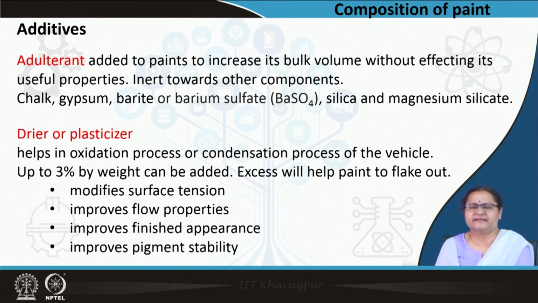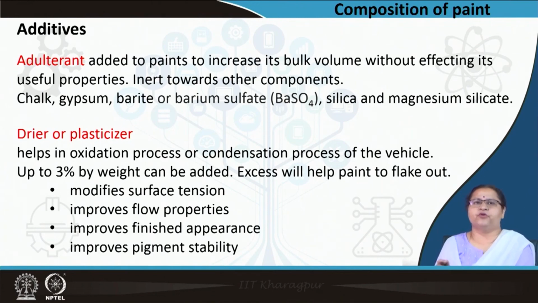What happened in more of plasticizers in concrete? It had gone for segregation. Here also, if you add plasticizers more in amount, it will flake out. So, plasticizers are added to modify surface tension, to improve some flow property, to improve the finish appearance or give the stability.